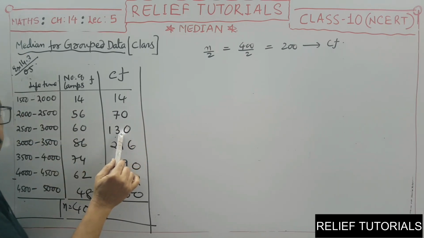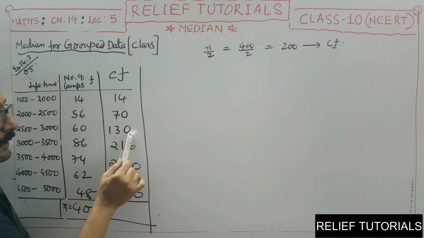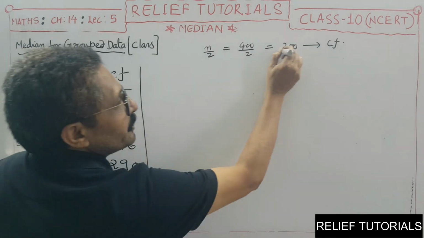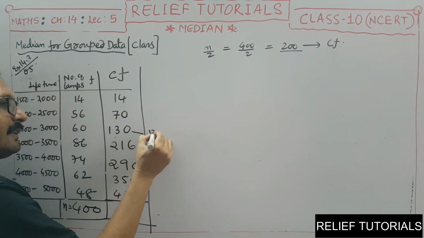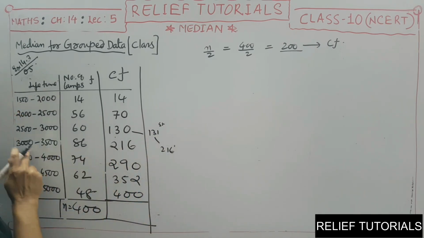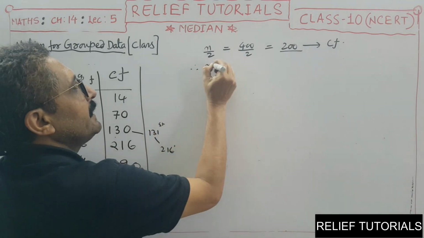From 71 to 130 you have this class. Now 131 to 216, we have this class. Our value is 200, so I can say it is from the 131st observation to 216. So this is our median class. Clear?